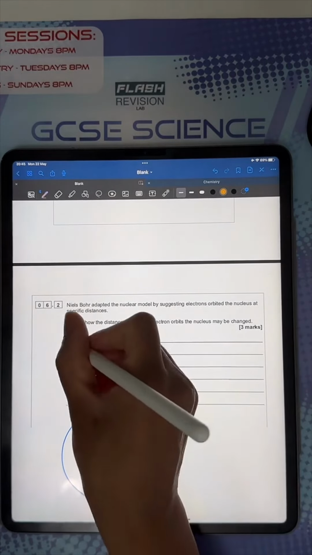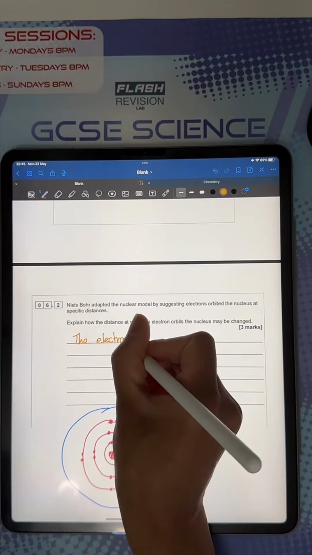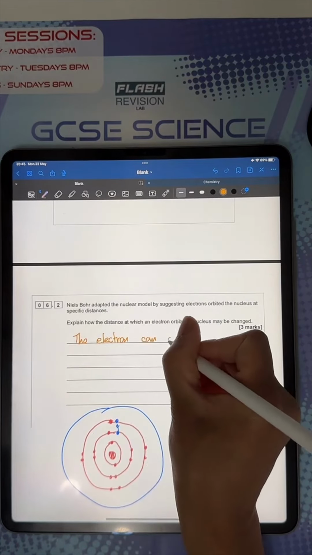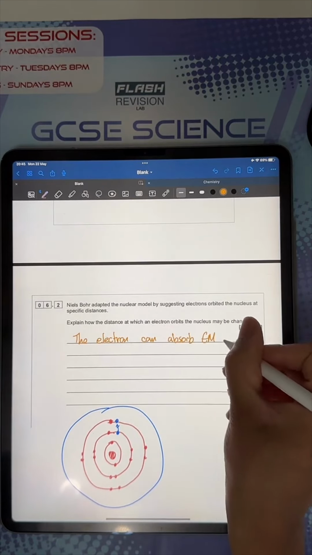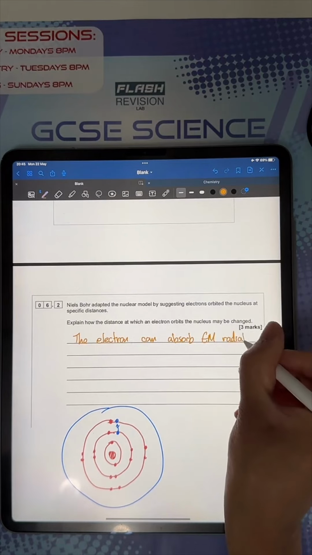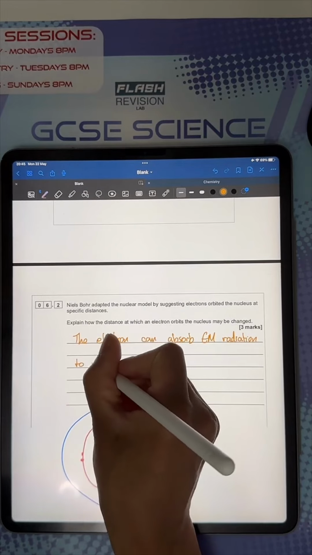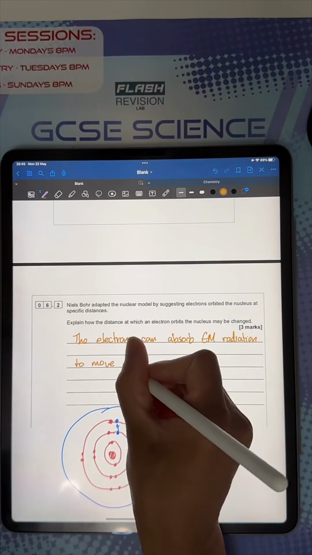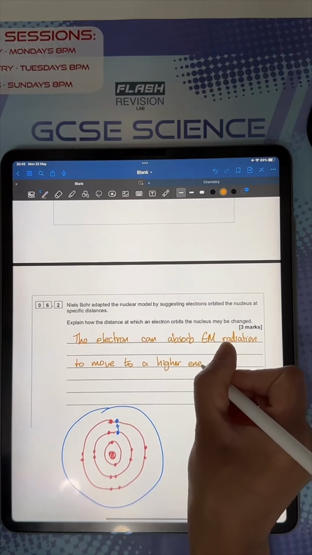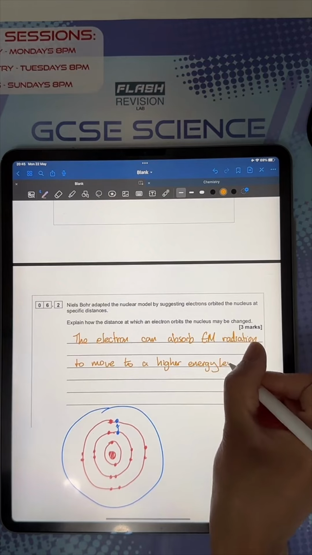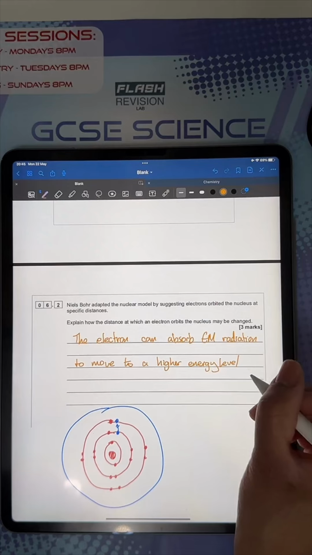So you can say the electron can absorb EM radiation to move to a higher energy level further away from the nucleus.